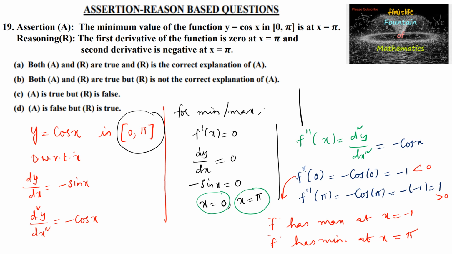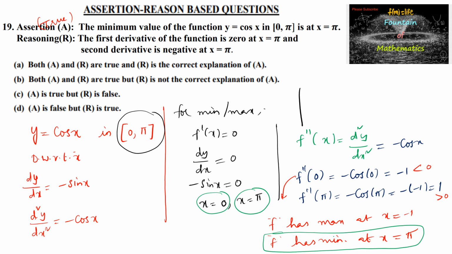So the minimum value of the function y is equal to cos x is at x is equal to pi, which is correct. So we can say that the function is having minimum at x is equal to pi. So assertion is true. And the reason: the first derivative of the function is 0 at x is equal to pi.